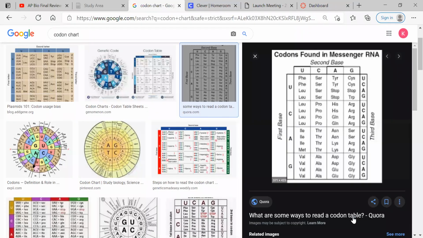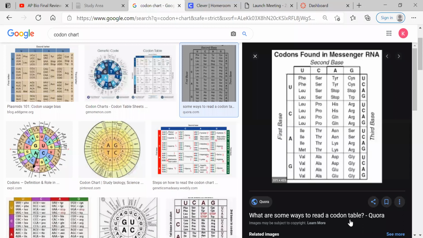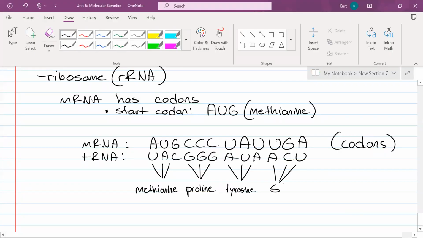UAU, that's tyrosine, TYR, short for tyrosine. And then we have UGA. Oh, that's a stop codon. So now how many amino acids long is this protein? It's 3. Stop is not an amino acid. It just means that you're done.